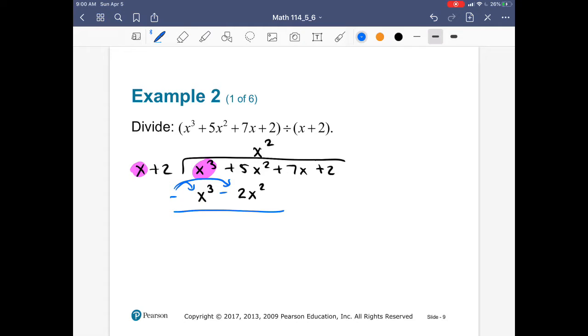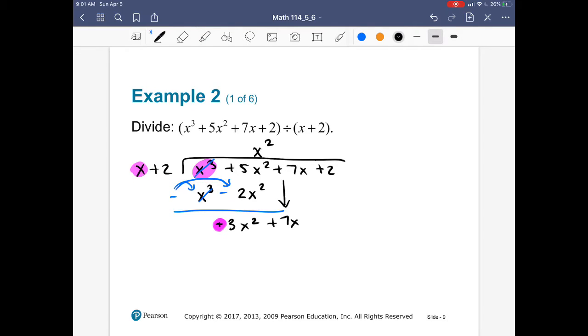So x cubed minus x cubed cancels out. 5x squared minus 2x squared, that's going to give me 3x squared. Now you bring this one down, plus 7x. Now, look at the sign that we have right here. Right now, we have no sign.